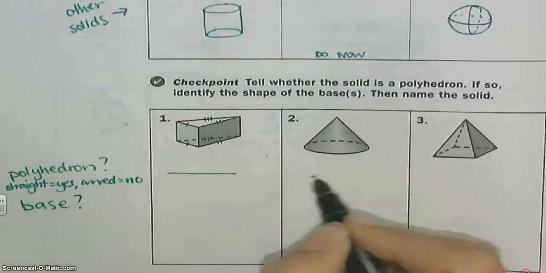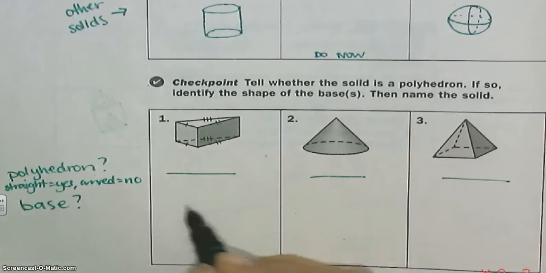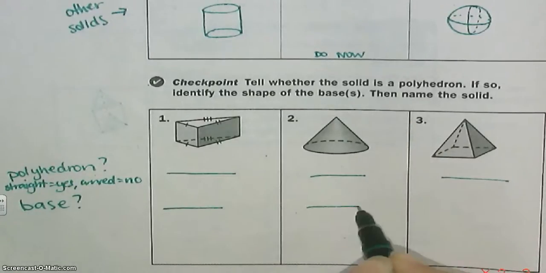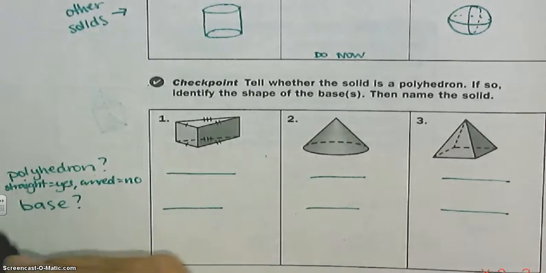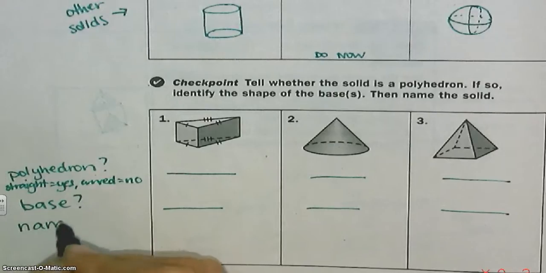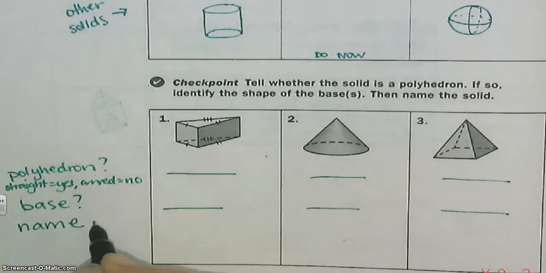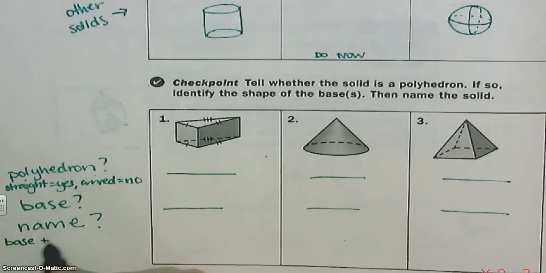So you're going to do yes or no for polyhedra. What's the base? And then you're going to name the polygon, which is base plus solid. So use those solids from above.